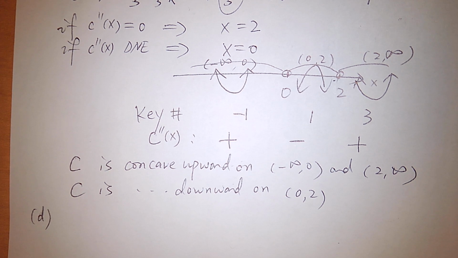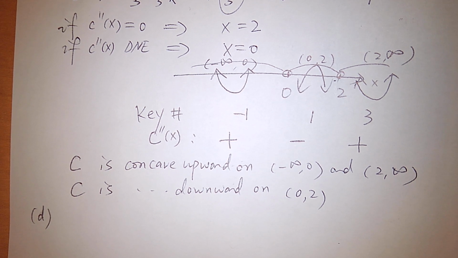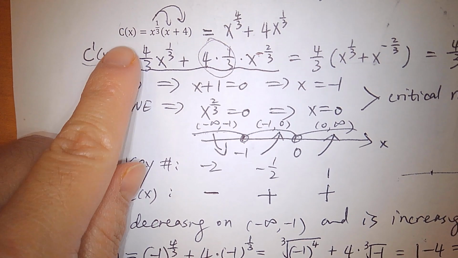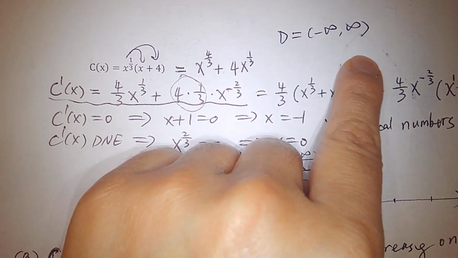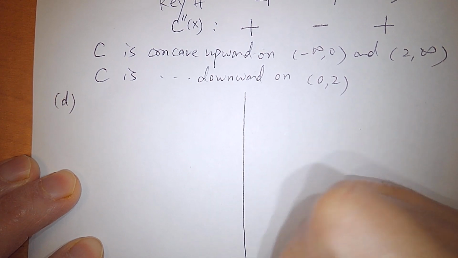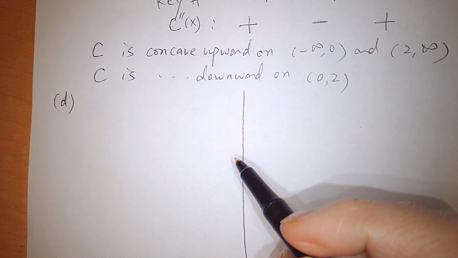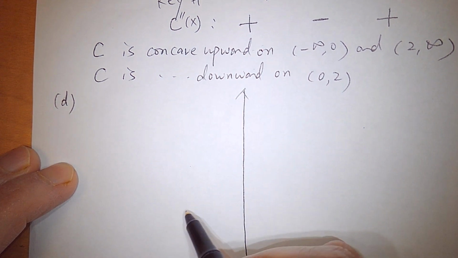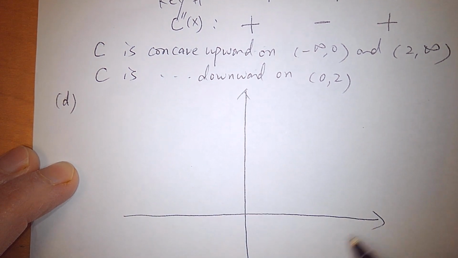Use the information from all of the previous parts to sketch the graph of the function. So let's try to sketch the graph. All numbers are in the domain, so there's no restriction. I'm going to draw a coordinate system.